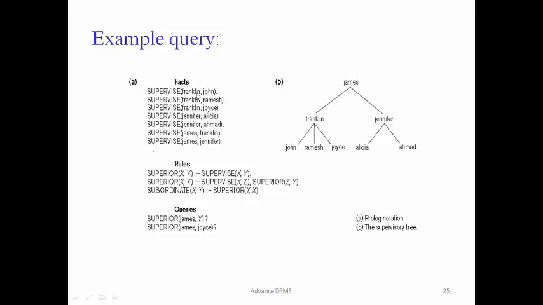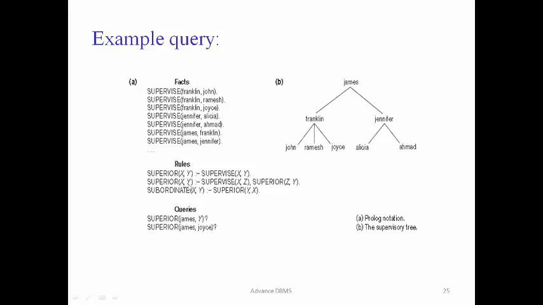Franklin is the supervisor for John, Ramesh, and Joyce, and Jennifer is the supervisor for Alicia and Ahmad. James is the supervisor for Franklin and Jennifer, meaning Franklin again works under James. So these are facts, and we are using rules such that if X is a supervisor of Y, then the supervisee is Y of X.